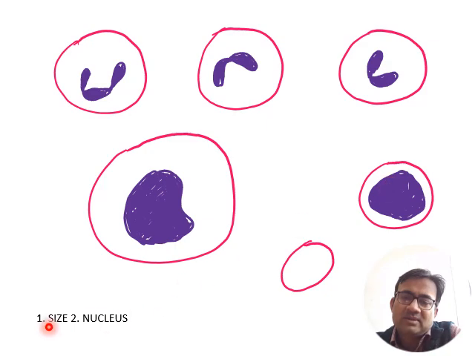So till now we have discussed size, nucleus, multi-lobe nucleus, bilobe nucleus, and no lobe nucleus. Cytoplasm proportion is very high in the above three cells. Cytoplasm is almost similar to nucleus, and here cytoplasm is very less compared to that of nucleus. So these are 5 cells.